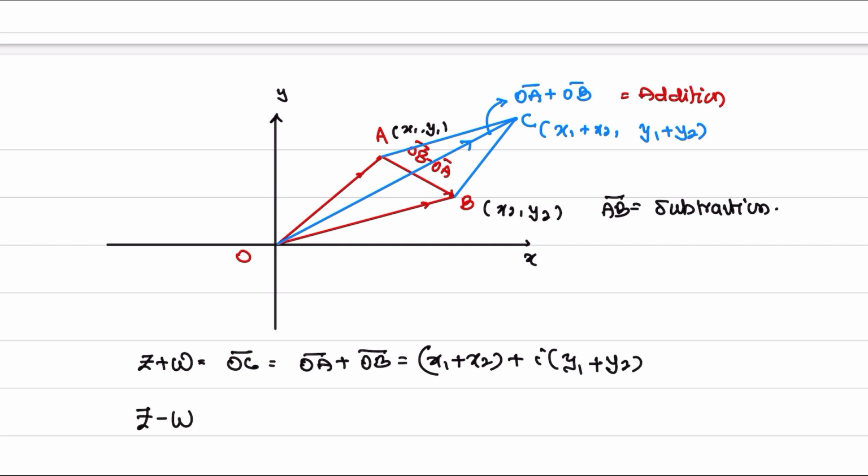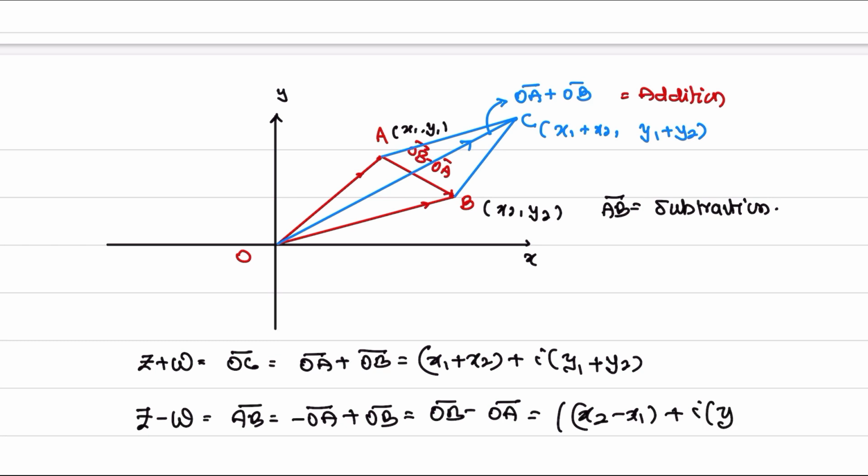Z minus W is equal to AB, that is equal to minus OA plus OB, that is equal to OB minus OA, that is equal to x2 minus x1 plus i into y2 minus y1.